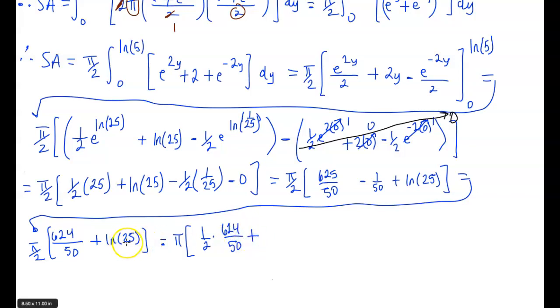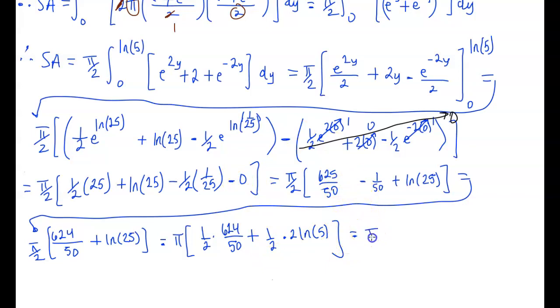And here I'm going to put this as 1/2, but I'm going to rewrite natural log of 25 as 2 times natural log of 5 again. And I'm doing that because I know that these two 2's right here will reduce to 1.